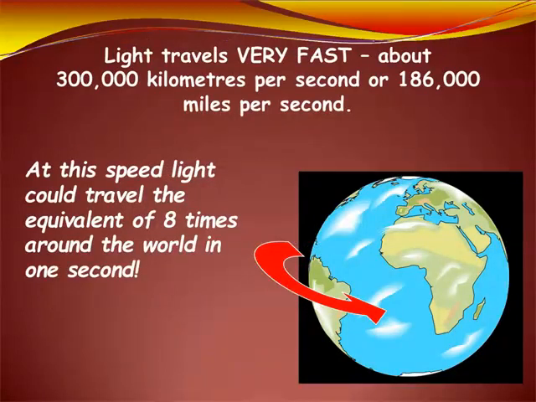Then let's see at what speed they travel. Light travels very fast, about 3 lakh kilometers per second, or 1,86,000 miles per second if we convert it into miles.